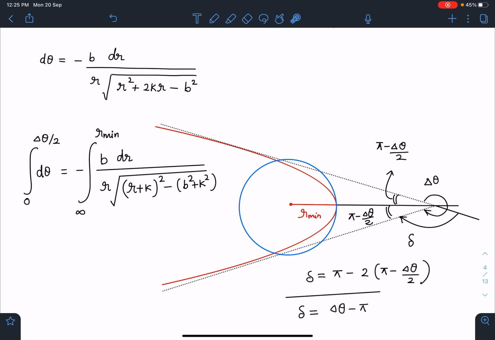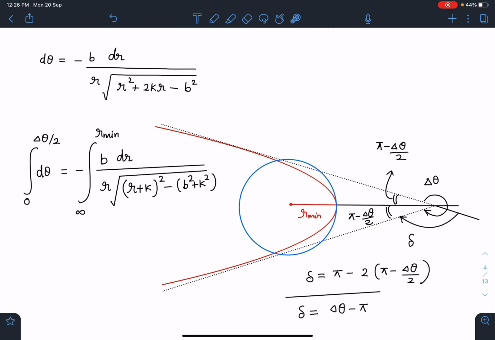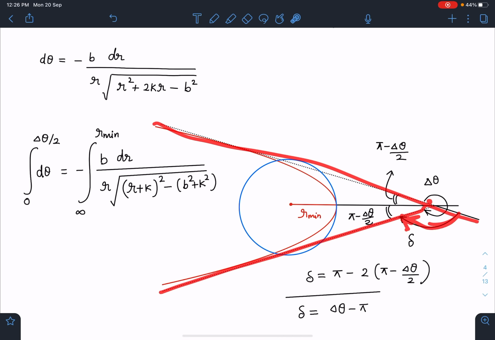So if you see, when this light ray is coming from infinity and finally it is going to another infinity also, so this is one line and this is finally the final direction here. So you can see here, this is the initial direction of light ray and this is the final direction. So this will become the angle of deviation. This angle we have to calculate.